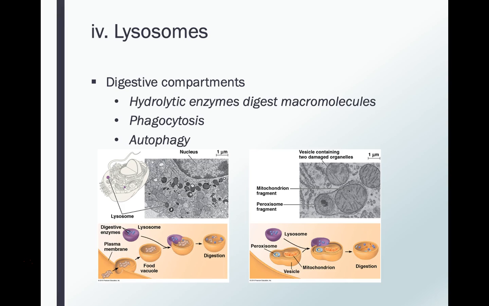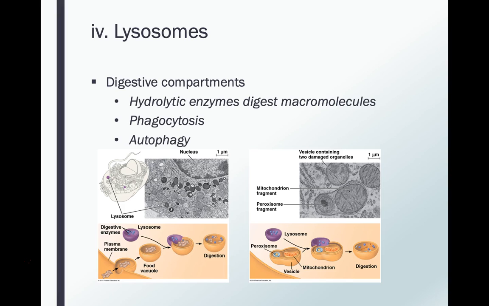It can break down macromolecules, and so it can either break down food type molecules or it can break down waste type molecules. So on the right, we see the process of phagocytosis. So that is when the cell brings in food, some sort of food molecule, by a vacuole. So a vacuole is a storage compartment. They can be used for many different things.